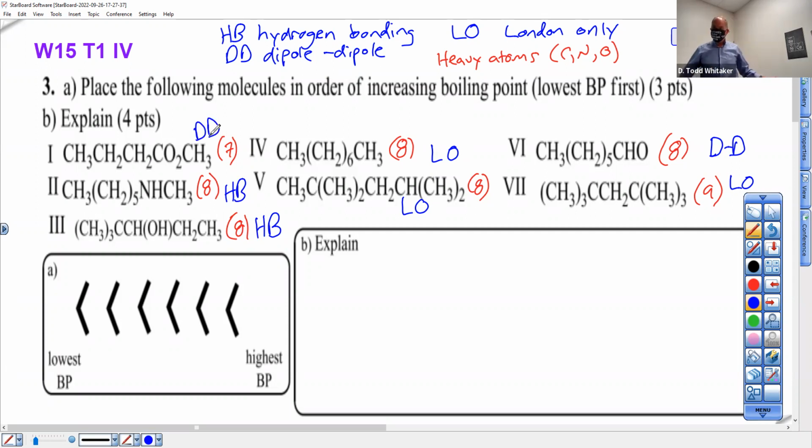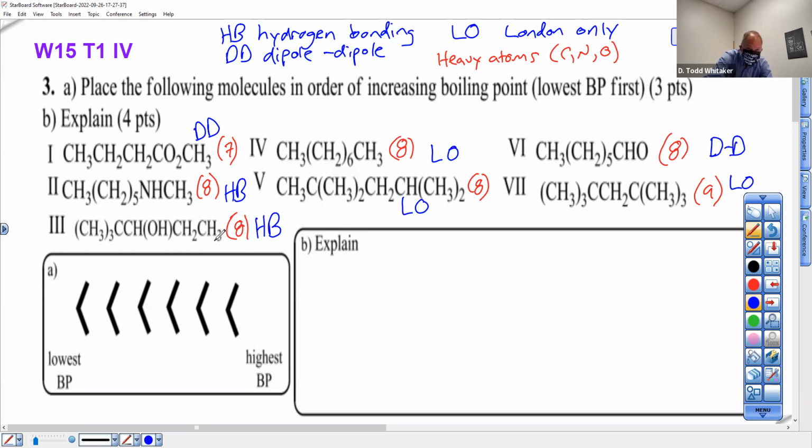Do you want to tackle the H bonders first? Because they need to be over here in your answer. Hydrogen bonders of similar size will always have a higher boiling point than non-hydrogen bonders of a similar size, right? And which one of those HBs, we have 2 of them, has the best hydrogen bonding?